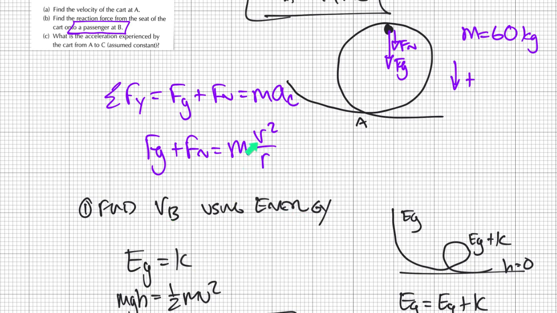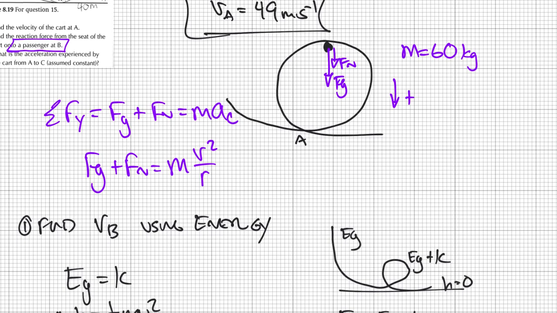Now we have our velocity at B. We know the radius. We know our mass. And so we can now solve for the normal force, which is the reaction force of the seat pushing down. Okay? So to do that, let's go back to purple. We'll say force of gravity is mg plus Fn equals mv squared over r.